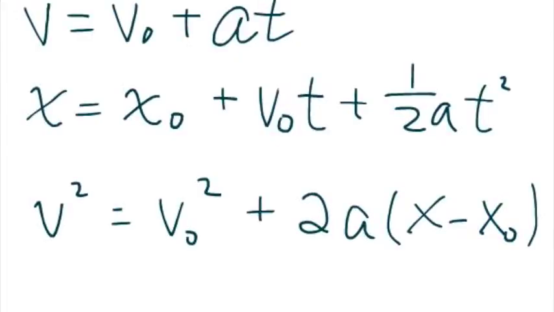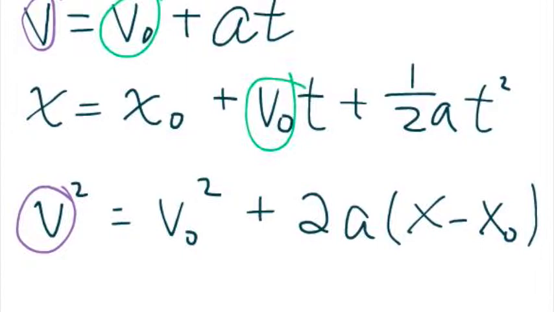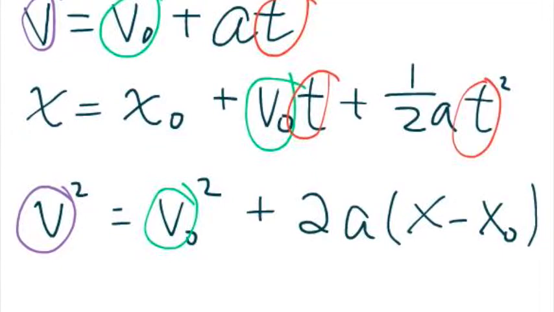Now that we have learned how the equations came about, the question comes to when and how do we use the equations. Overlapping in these three equations, we have velocity, which is usually the final velocity, and then we also have initial velocity, and then time, acceleration, which is 0 for horizontal motion if you ignore air resistance, and negative 9.8 for vertical motion, which is also gravity.